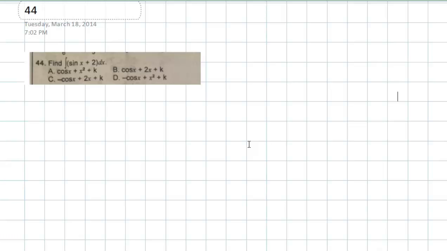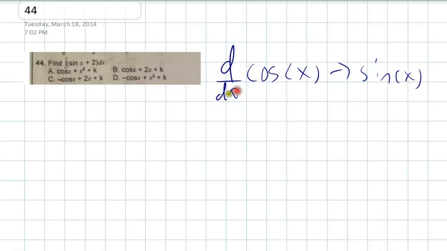Well, we know that the derivative of cosine of x is negative sine of x. But we want positive sine of x, so we would take the derivative of negative cosine of x in order to get positive sine of x.